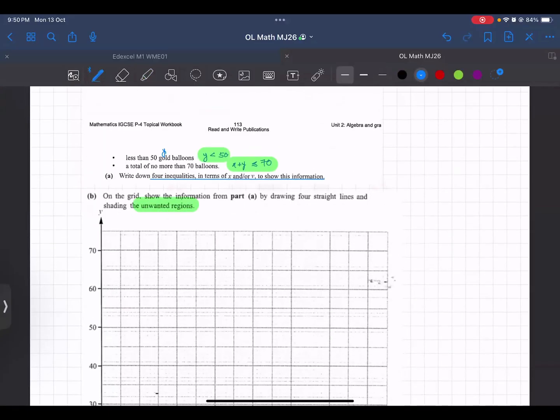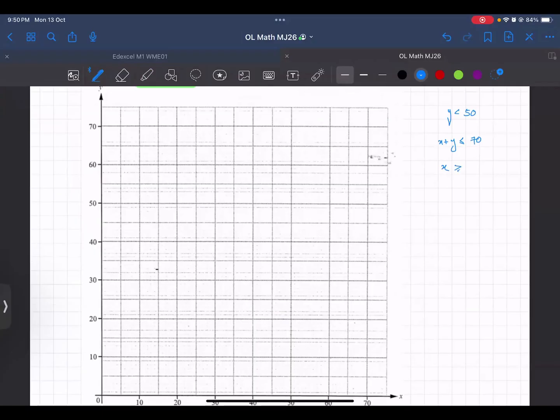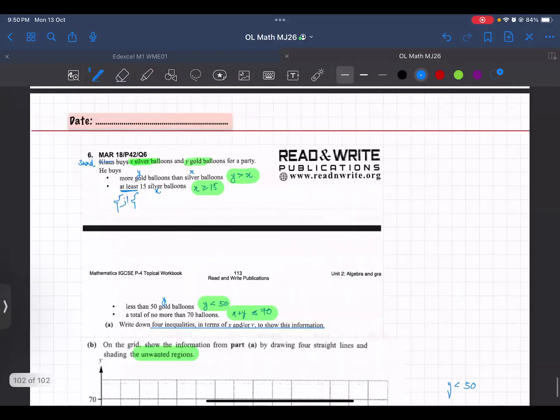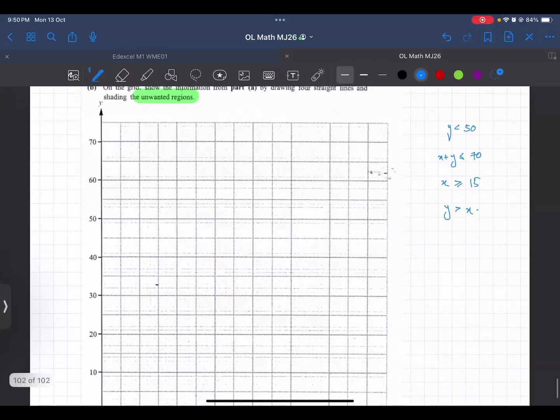We have the equations y is less than 50. We have x plus y is less than or equal to 70. And we have x more than or equal to 15. And we have y is greater than x. So y equals 50, a horizontal line, and this would be a dotted one.